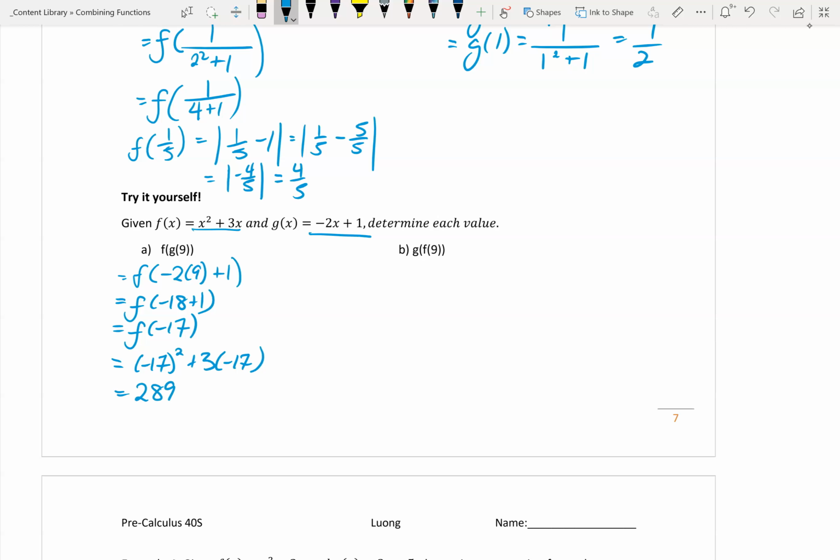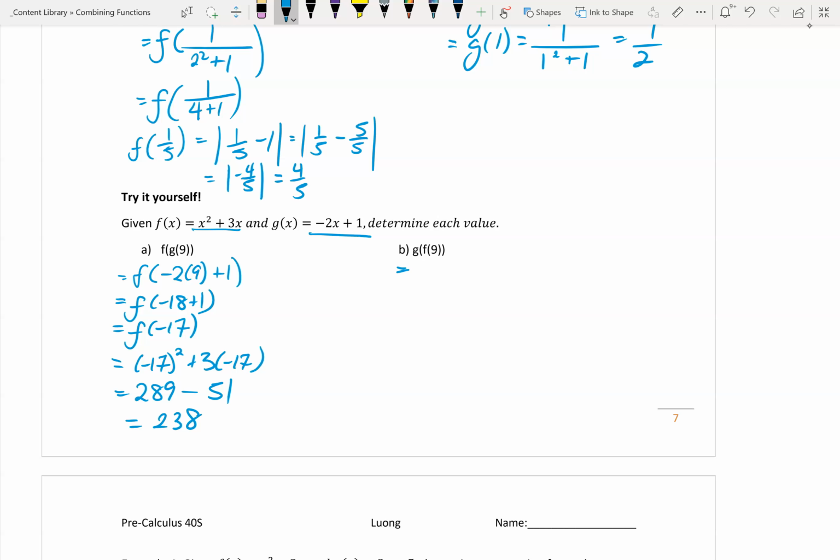It's going to be positive, minus, and then 3 times 17 is 51. So then we're just going to subtract the 2, which is 238.